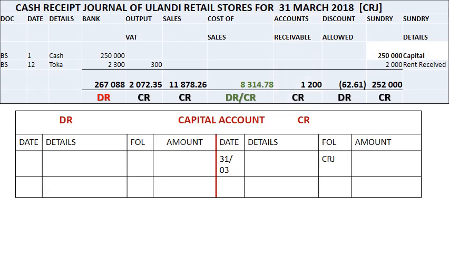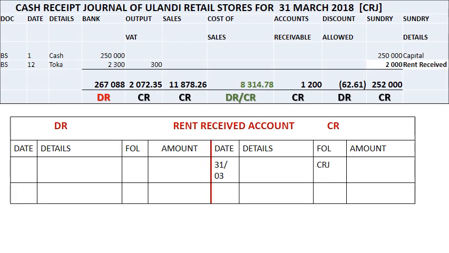Under details of sundries, we will start with capital. We go to the capital account on the credit side. We reflect the date, the 1st of March, the details, bank, the folio, CRJ, and the amount is shown in the sundry column.